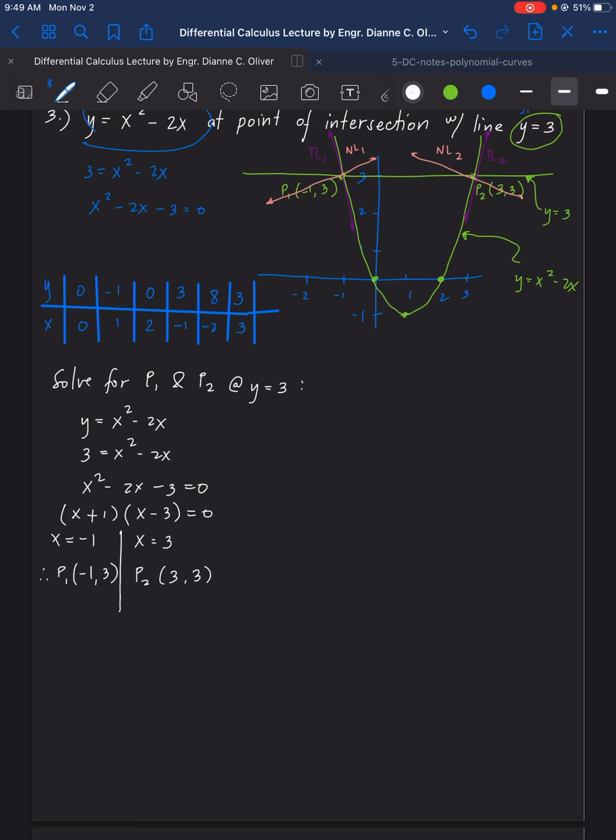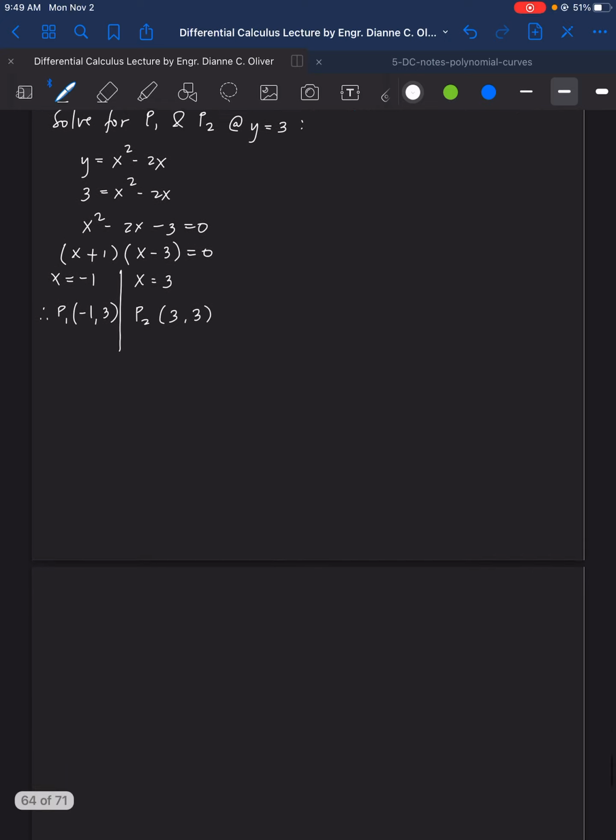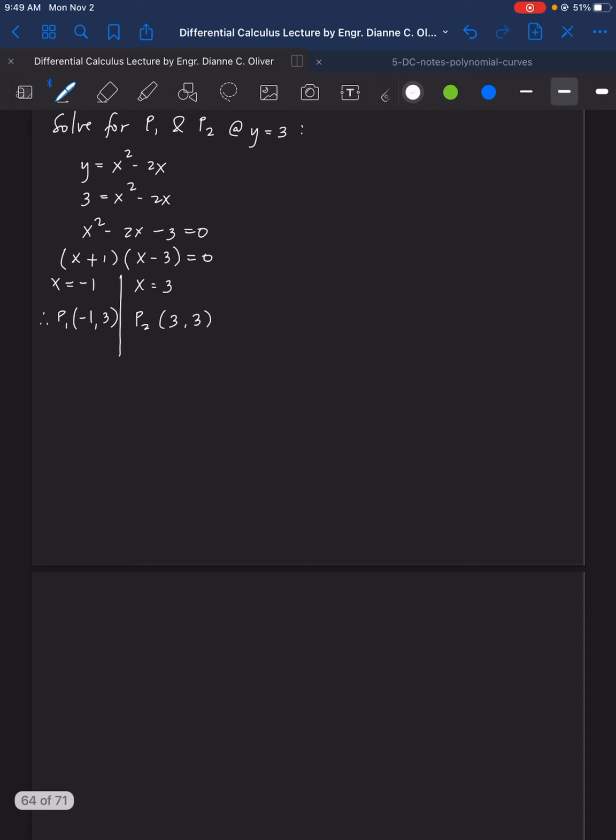Okay, so having determined the points, the coordinates, we will now solve for the next one, the slope. So having y1, y2, and x1, x2, the next one will be the slopes. We can expect that the slope for P1 will be different from the slope of P2.